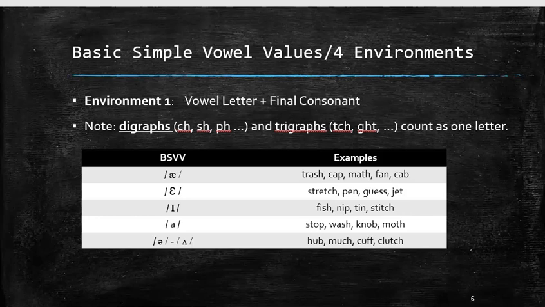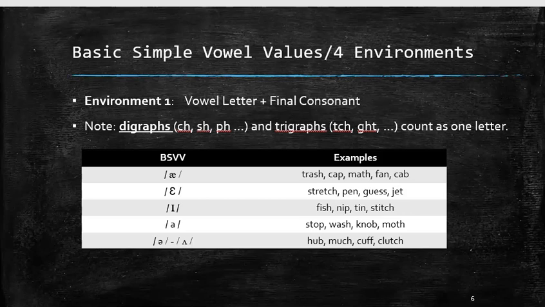And this occurs sometimes in initial, medial, or final position. The same thing happens with trigraphs such as TCH that represent the sound ch. So these account for 1 sound. Examples of the basic simple vowel values in this first environment: with a, you have words such as trash, cap, math, fan.